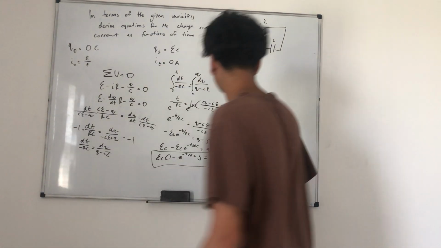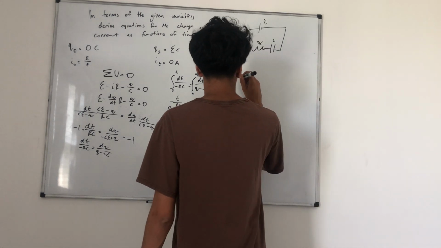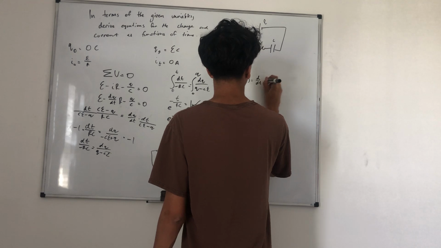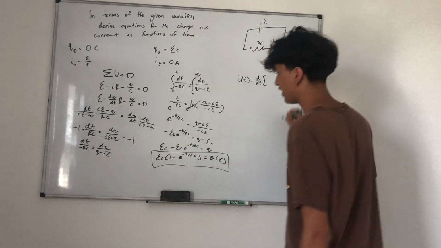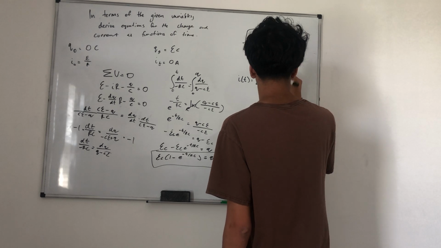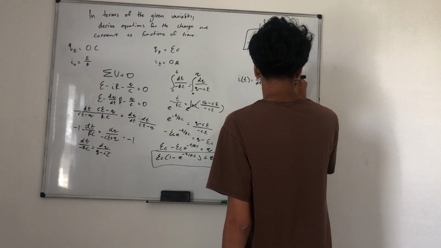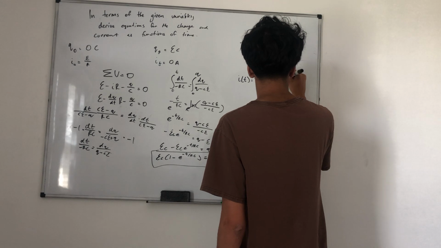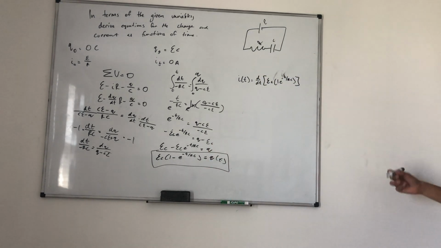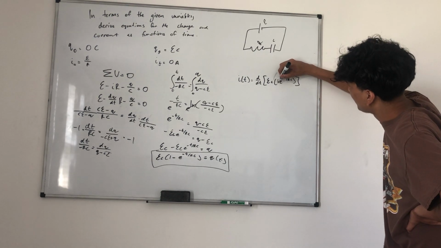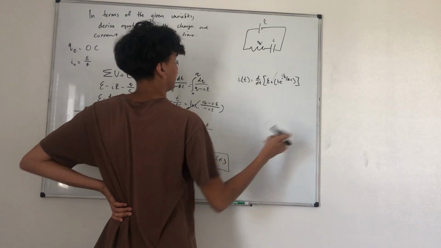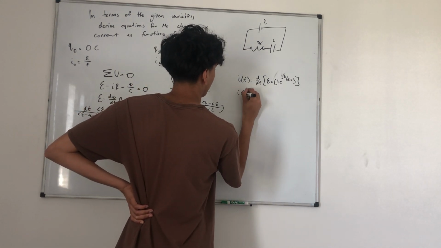So current as a function of time is going to equal d over dt of that whole function we just derived: epsilon naught C times 1 minus e to the negative t over RC. If we're differentiating, epsilon naught times C you can just pull out. It doesn't depend on time.